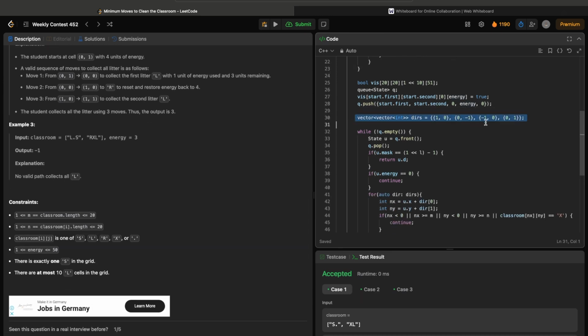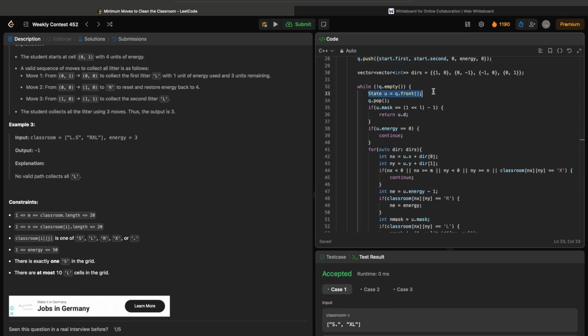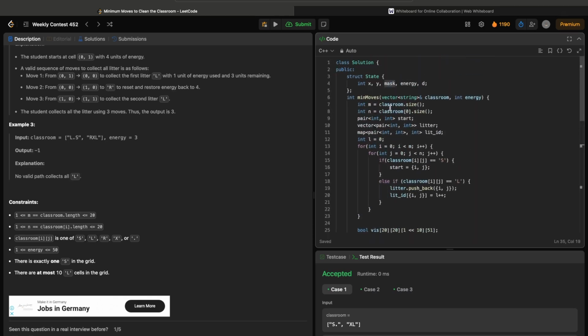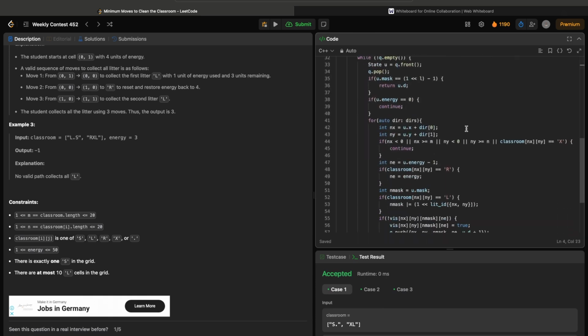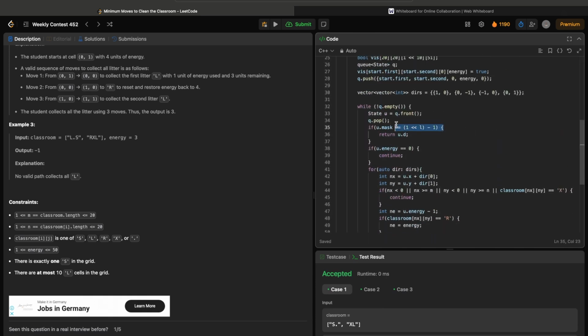Then this is my direction. For better code quality, since you are moving in 4 directions, I will be using that. I will be at the starting point. I have taken that first starting index. So basically what you will check is the base condition that I have told. If your u dot mask, this bit mask value, has all values set, basically you encountered all the litters, you will simply return the distance, the moves or steps you have taken at that point.